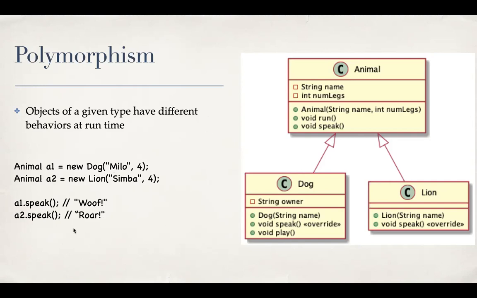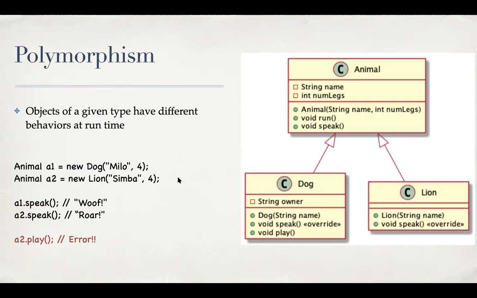Similarly, A2.speak will be able to go and find the implementation in the lion class and print roar. So this is the polymorphism aspect. I mean, A1 is also an animal, A2 is also an animal, but at runtime, they behave differently from each other based on how the objects were created and not how the objects were declared.